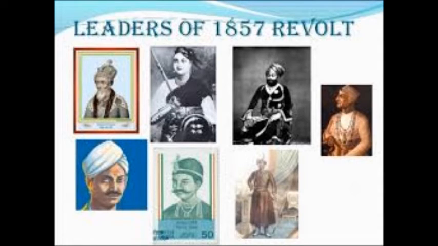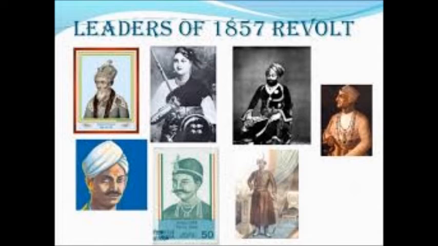From Bareilly, Khan Bahadur. From Bihar, Kunwar Singh. From Faizabad, Maulavi Ahmadullah, and from Jhansi, Rani Lakshmi Bai. You have to remember just this much: the center and the famous personality who fought the revolt from that particular center.